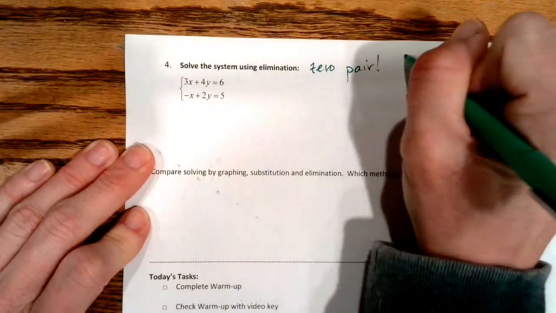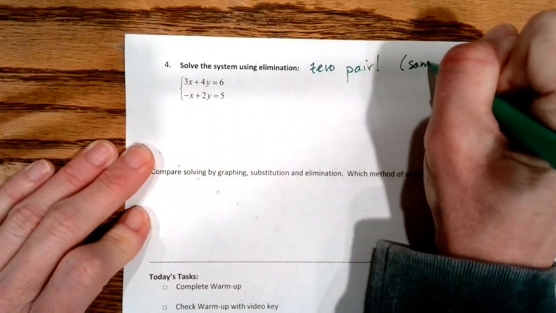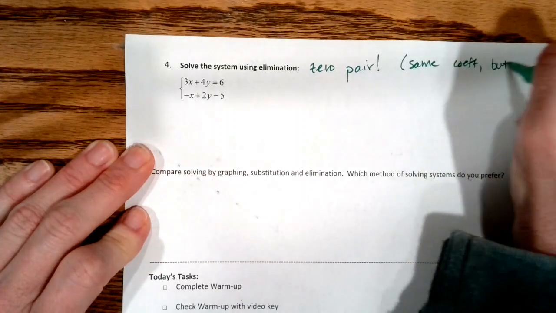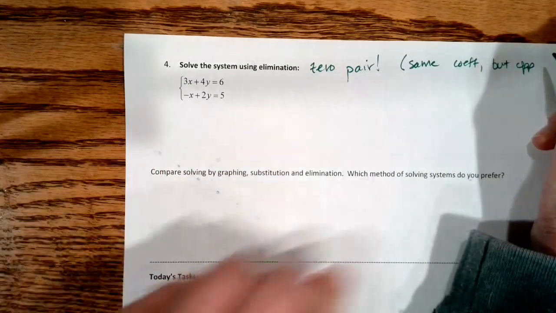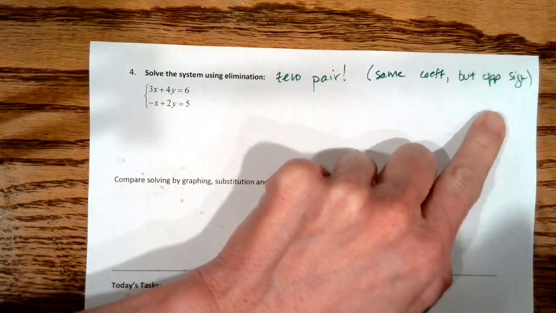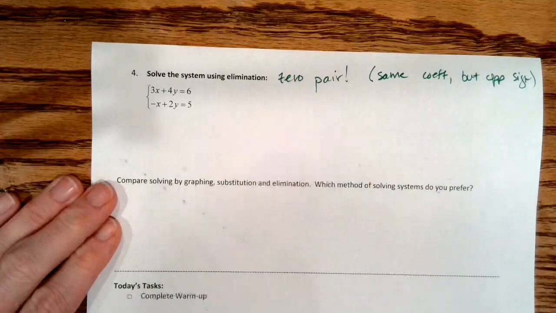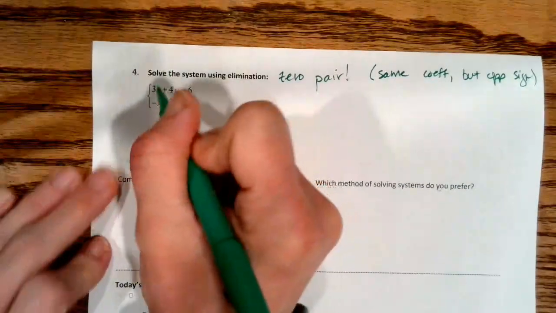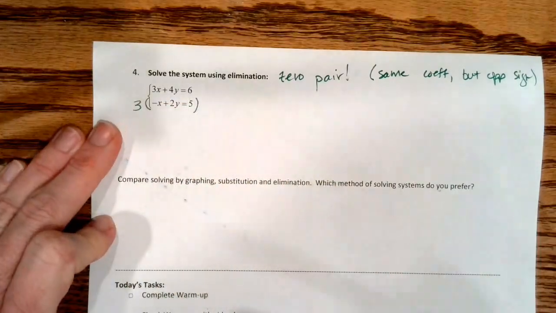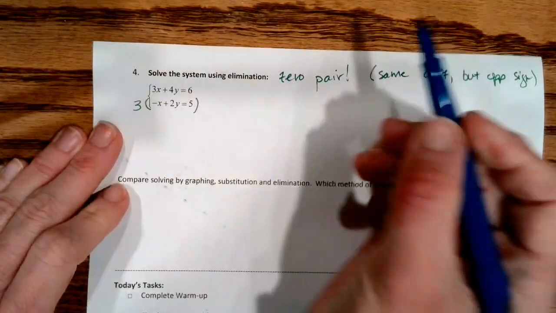When we talk about a zero pair, we're talking about the same coefficient, but opposite sign. So this 3 and this x are already opposites. What I think I might do is multiply this equation by 3, and then you'll see what happens.